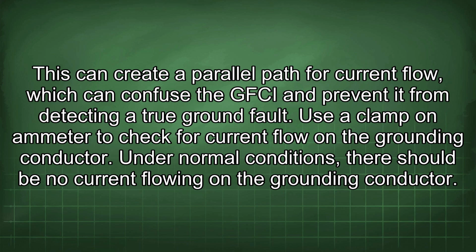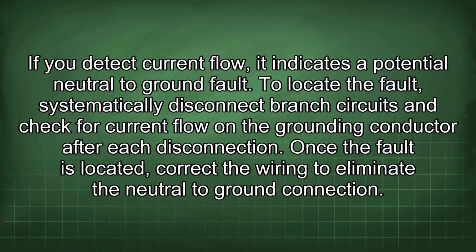Under normal conditions, there should be no current flowing on the grounding conductor. If you detect current flow, it indicates a potential neutral to ground fault. To locate the fault, systematically disconnect branch circuits and check for current flow on the grounding conductor after each disconnection. Once the fault is located, correct the wiring to eliminate the neutral to ground connection.